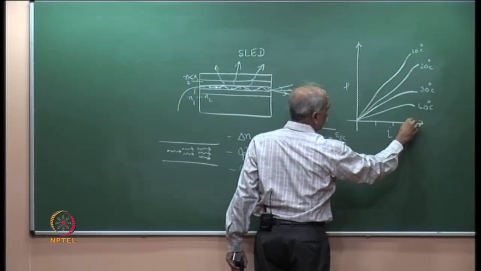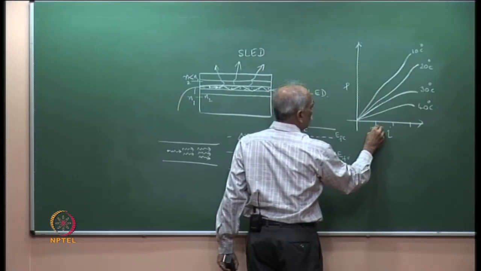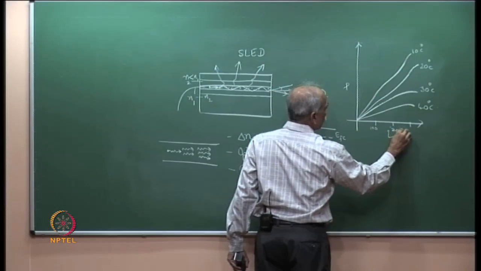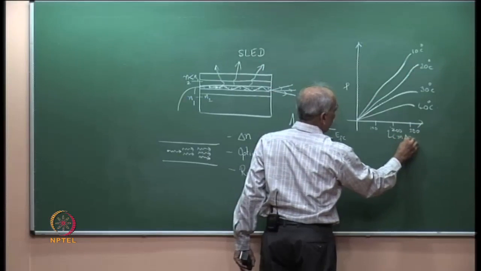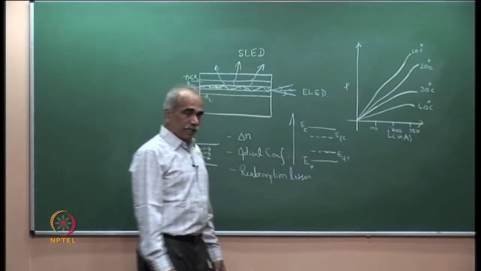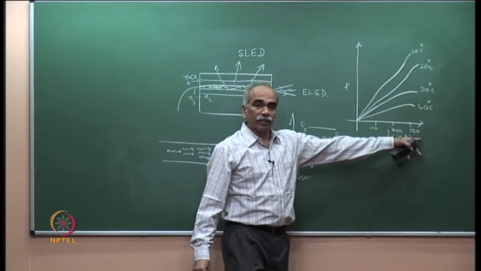I will first draw the graph and then explain. The currents that I am plotting are now hundreds of milliampere: 100 milliampere, 200 milliampere, 300 milliampere.